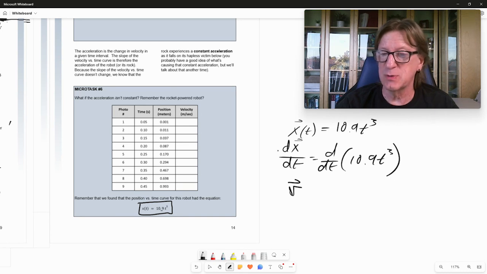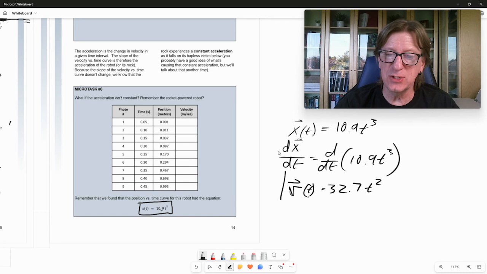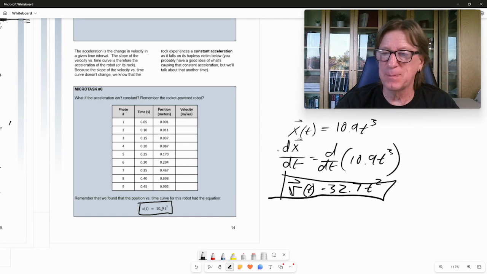Remember, if I don't put a subscript here, then I mean the instantaneous velocity at that specific time t. We'll make that a function of t. Then I take the derivative of this, and that was 32.7 t squared. So that was my equation for velocity versus time.